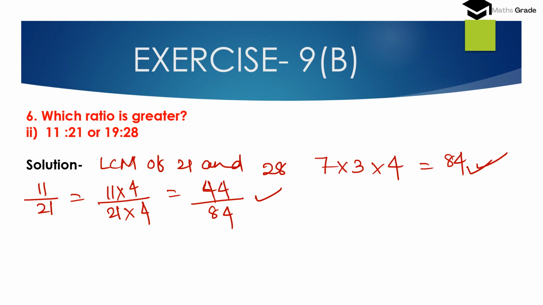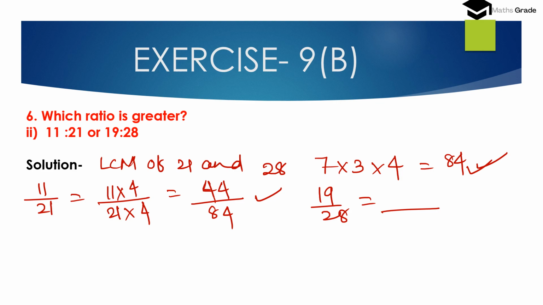Now converting the ratio 19:28, 19 divided by 28. Here we equate the consequent 28 to the LCM, that is 84. With which number do we have to multiply the consequent 28 to get 84?